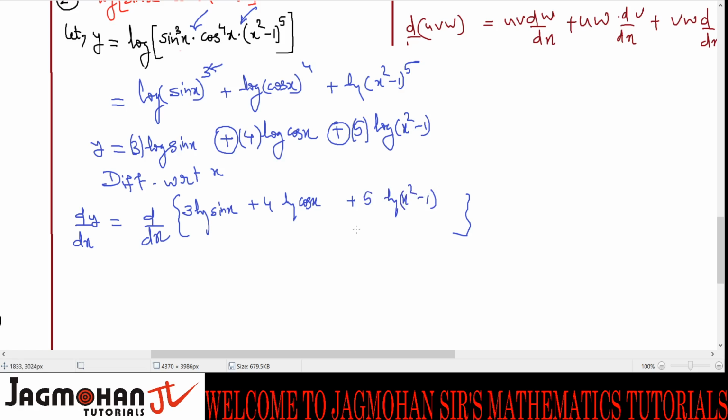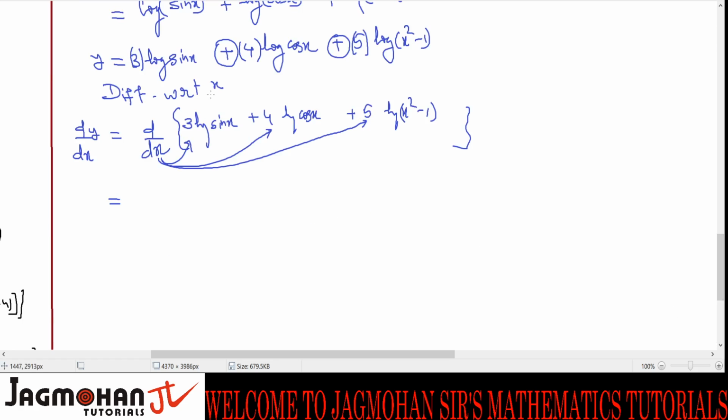These functions are added, so you will write separate derivatives for all. d by dx of 3 log sine x: 3 is a constant, so 3 will go out. d by dx of log sine x is 1 upon sine x into d by dx of sine x, which is cos x.